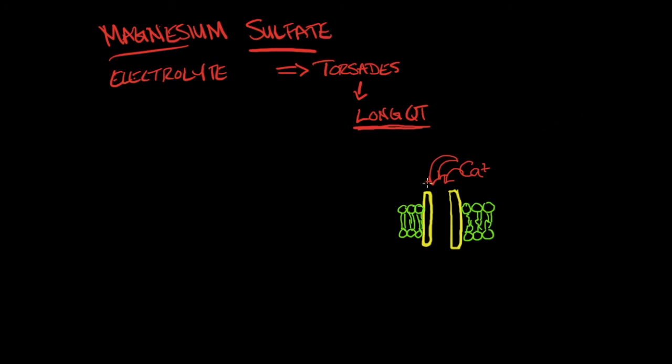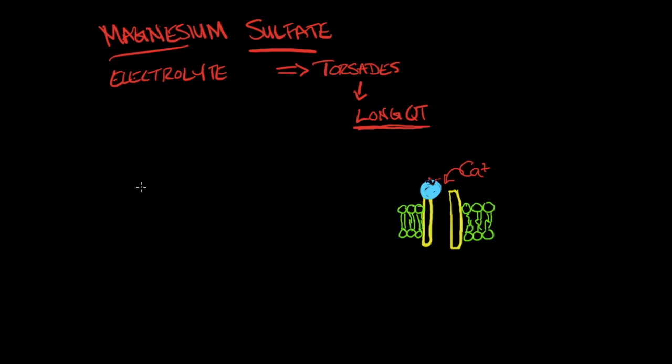But magnesium is going to come over and attach itself. And what magnesium is going to do is slow down that influx of calcium and decrease that signal. It won't be as strong. And this will hopefully slow down our heart rate.